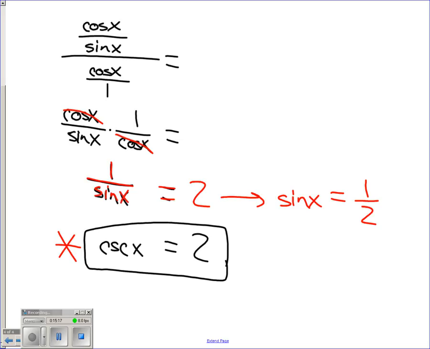Well, looking at the clock, sine 1/2, that's pi over 6. Or, if you continue around the clock, because sine is the y value, x would also be 5 pi over 6. And then if you wanted all of them, you just add 2 pi n to both of these and get them all.